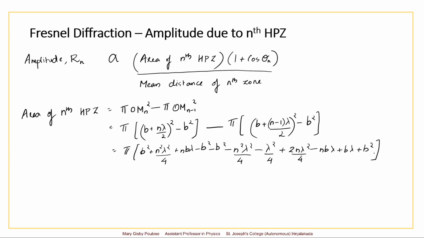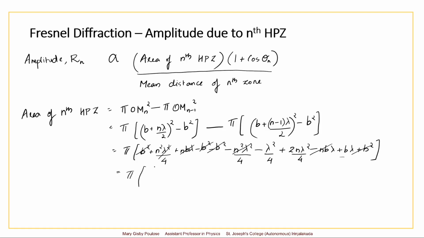Here many terms cancel out. That is, b square and minus b square cancel out. N square lambda square by 4 and minus of that term cancel out. Nb lambda and minus of that term cancel out. Here again we have minus b square and here b square. These terms cancel out.